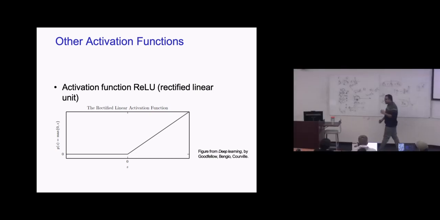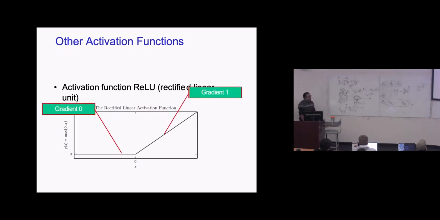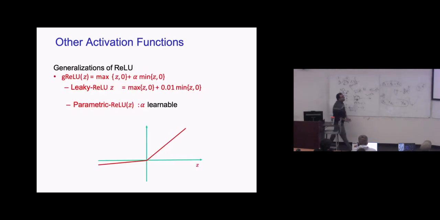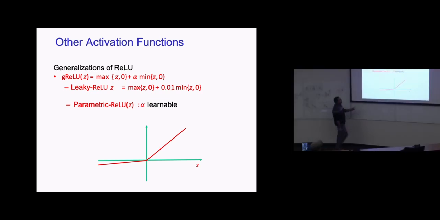So to address this kind of dead neuron situation, people have proposed leaky ReLU, which is essentially, rather than saying this is entirely 0, add a very small gradient to this. So still the neurons are active in that region. It doesn't die out.